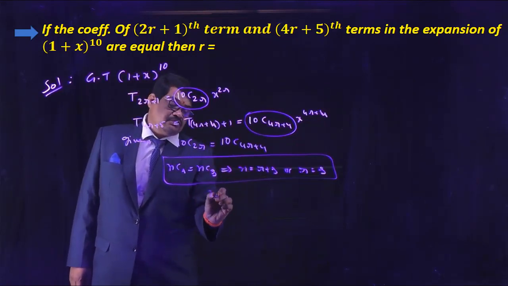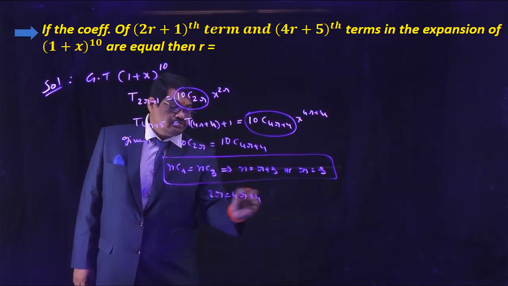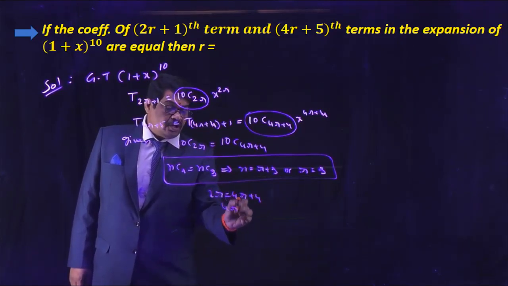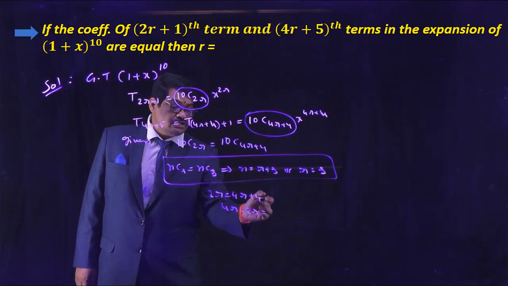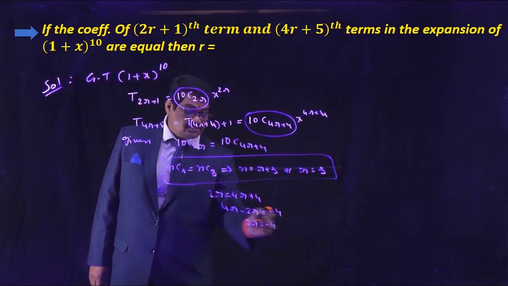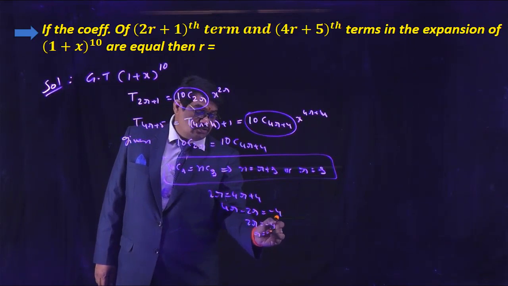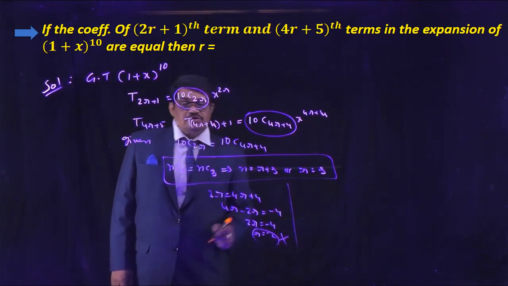So 2r is equal to 4r+4. That is 4r minus 2r is equal to minus 4, that is 2r is equal to minus 4, so r is equal to minus 2. We do not take this one, as r must be a positive integer.